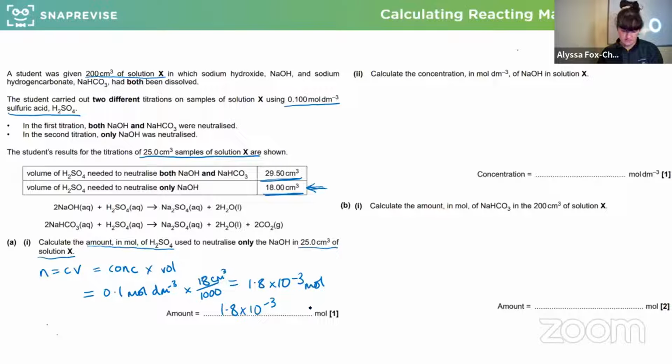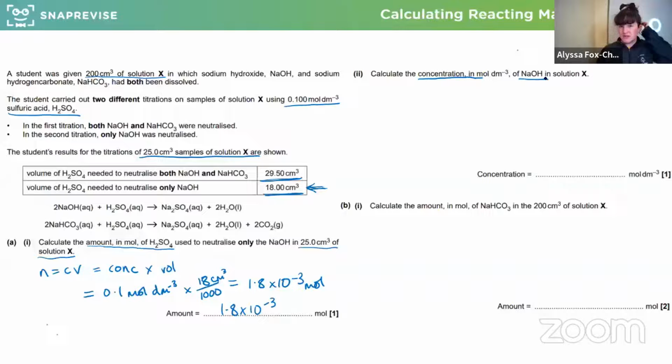So that's fine. It then says calculate the concentration of solution X. So now we want to calculate the concentration of sodium hydroxide. Those of you that have done lots of titration calculations might be confident at working this one out.